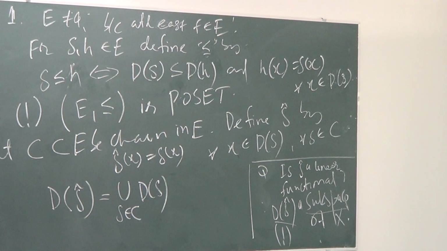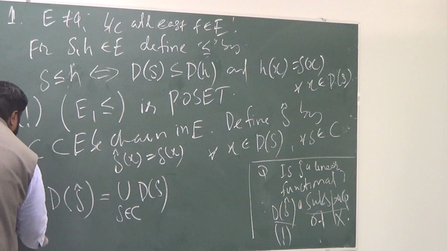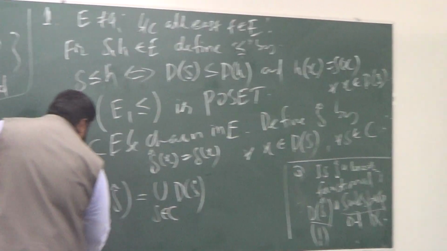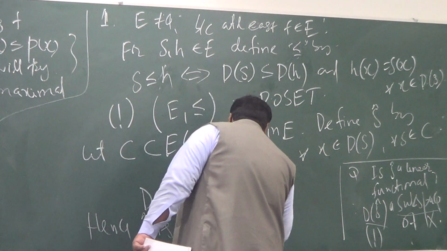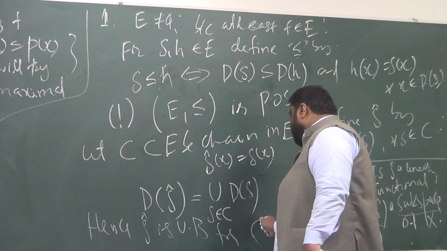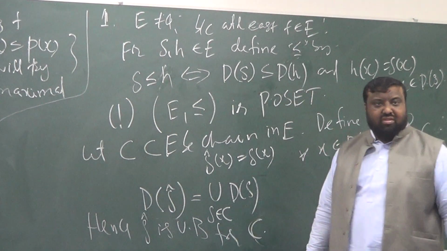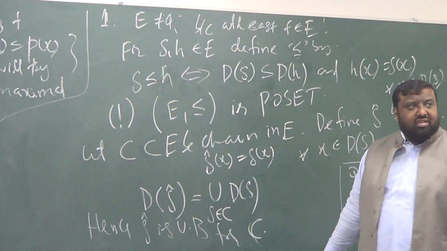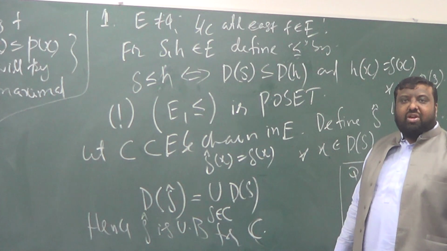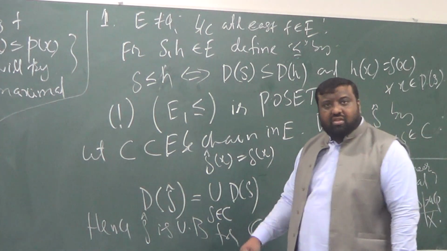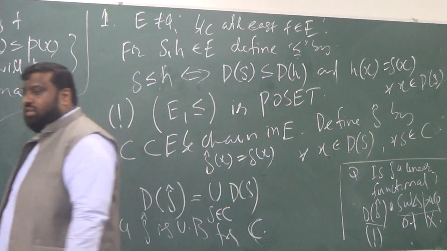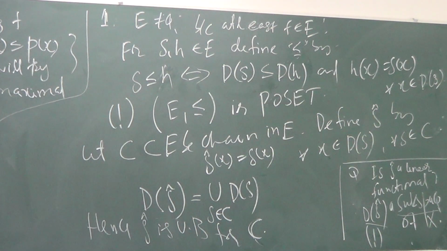I can conclude here that, hence, if this is true, then G hat is an upper bound for C. Agreed? Because what would be the meaning of upper bound? That every single element can be compared with this G hat, and by definition this is true. G hat is extending every single element in the chain.